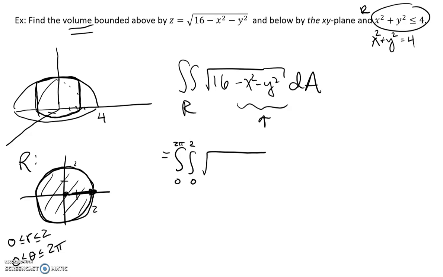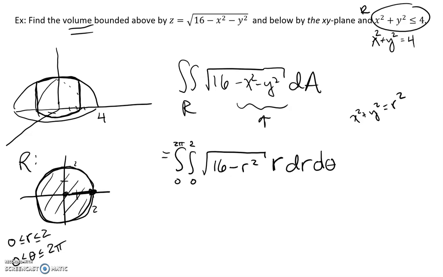And then when we think about converting things, remember that x squared plus y squared is r squared. So the fact that they're both subtracted, this is going to be 16 minus r squared. And then don't ever forget that we need our r dr d theta.